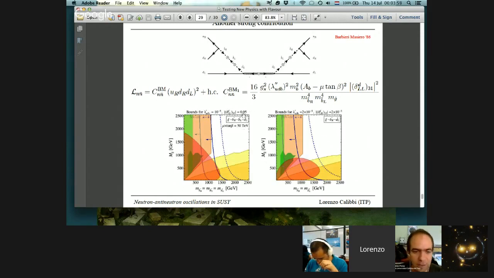Also because I was taking quite a large value for this flavor violating parameter, above the minimal flavor violating prediction, by the way. So you need some substantial flavor violation for these processes to give rise to an n-nbar oscillation at the observable level. Okay. But anyway, the flavor constraint is strong, but not as strong as the n-nbar constraint.